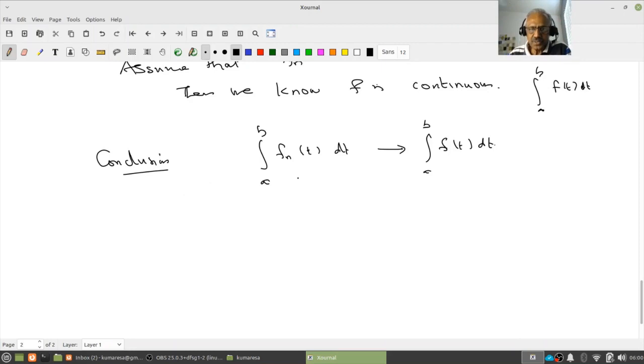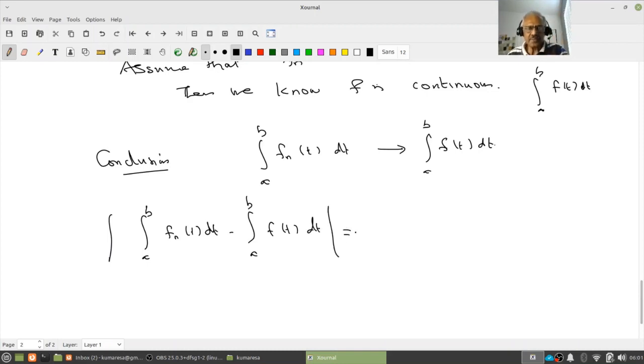So to prove that this sequence of complex numbers converges to this, what do I have to do? I have to estimate their difference. So I have to estimate the modulus of the integral from a to b of f_n dt minus the integral from a to b of f of t dt. But remember, by the linearity of the integral, this is the same as the modulus of the integral from a to b of f_n of t minus f of t dt.